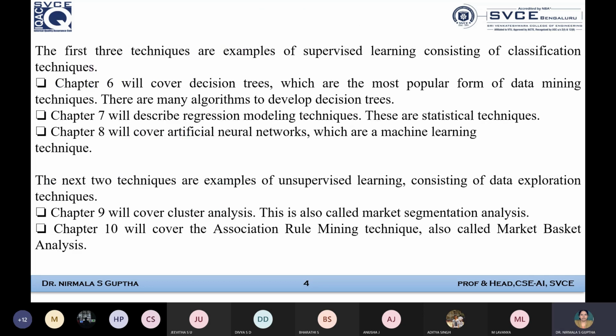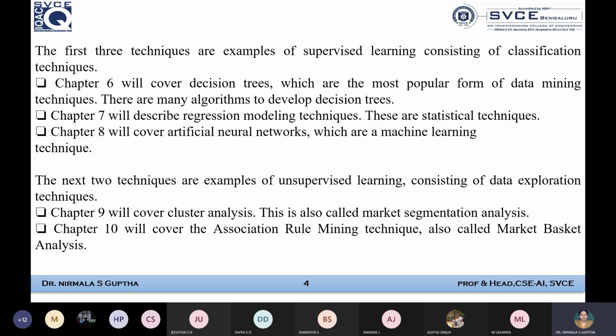Let me give you the summary of this particular module. As I mentioned, we are going to learn and thoroughly understand the 5 important techniques of the data mining process, but it does not comprise only one kind of technique or learning. It has been categorized into 2 parts: one is supervised learning, another is unsupervised learning.